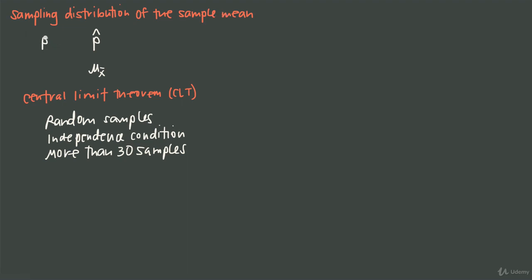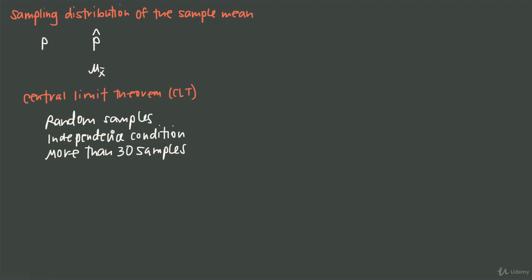That's because the population distribution was already normal. But if the original population distribution is non-normal, then we have to take at least 30 samples in order for the central limit theorem to do its work, in order for the central limit theorem to turn the sampling distribution of the sample mean into a normal distribution, even though we started with a non-normal distribution.